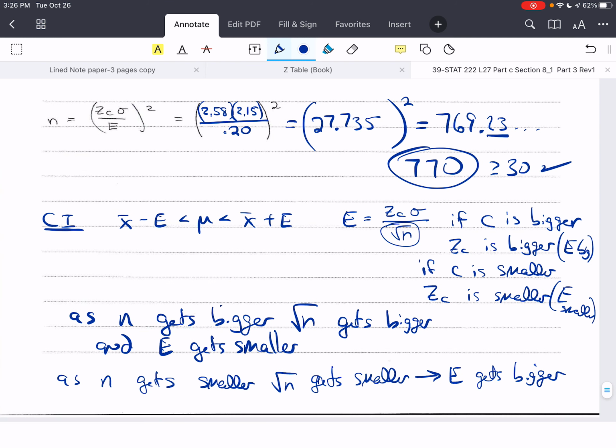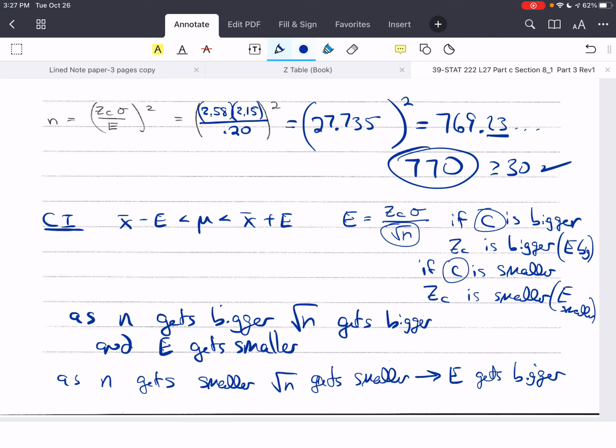So, increasing the confidence level and keeping everything else the same will make our confidence interval bigger. Decreasing C, which is not always a good thing, having a lower level of confidence is not desirable in most cases, but decreasing that gives us a smaller interval. We want a smaller interval.